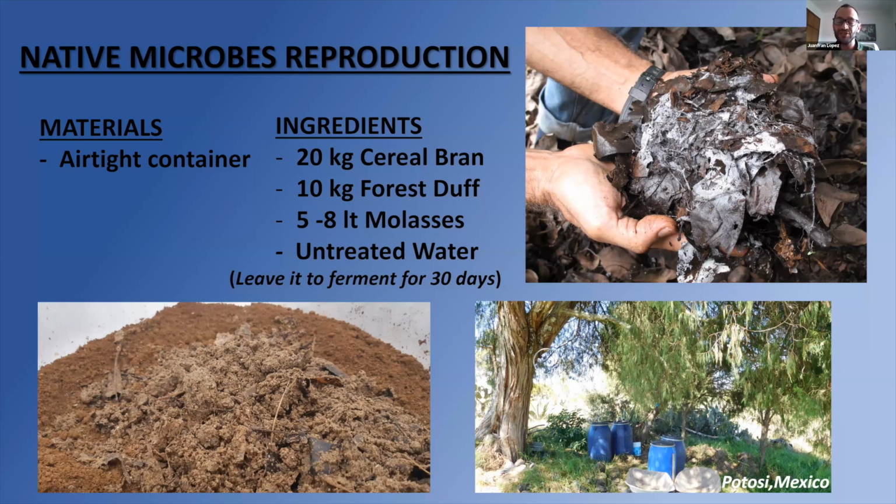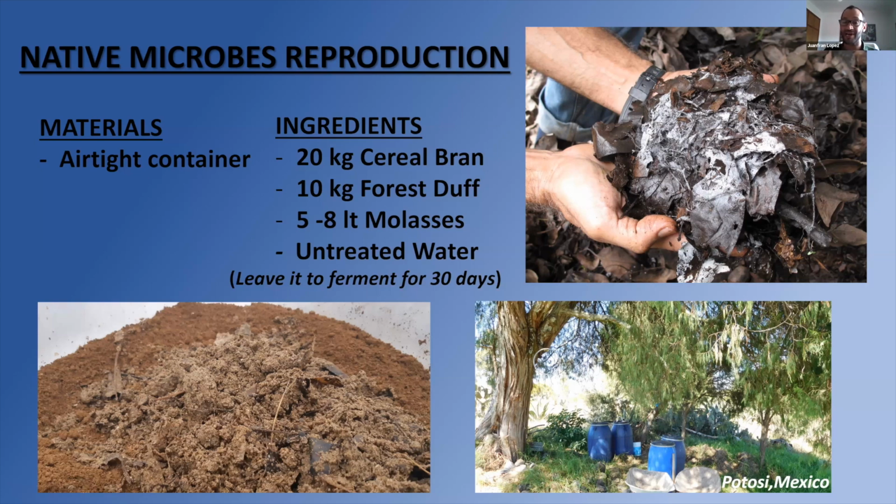So we collect a diverse microbiology from a forest, we add food, like cereal bran and molasses, and we keep it in fermentation for 30 days. After that, we have a reproduced, very diverse microbiology.